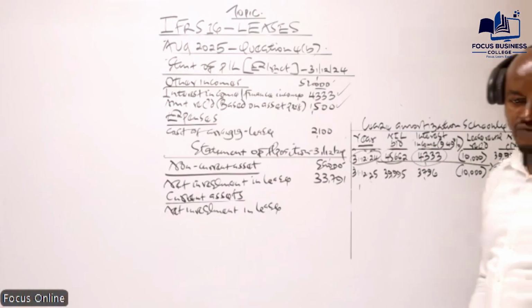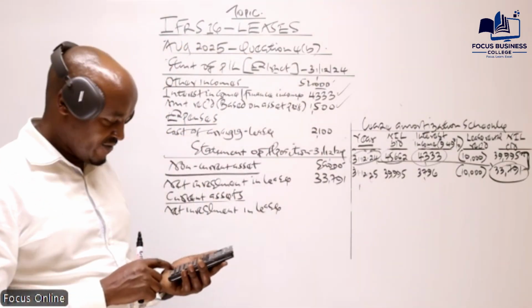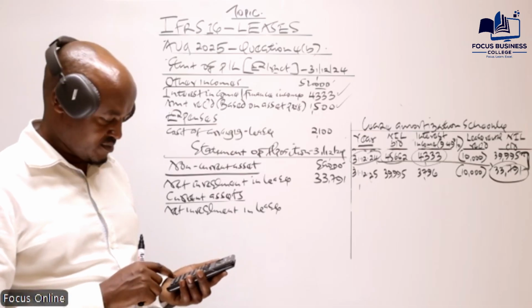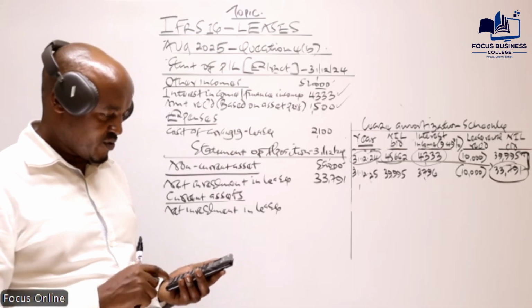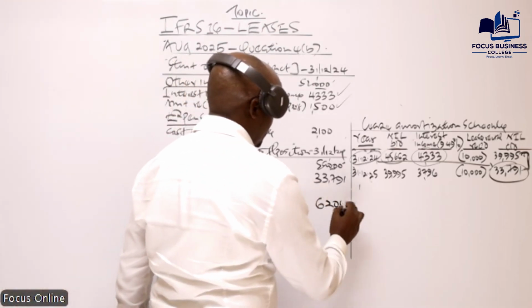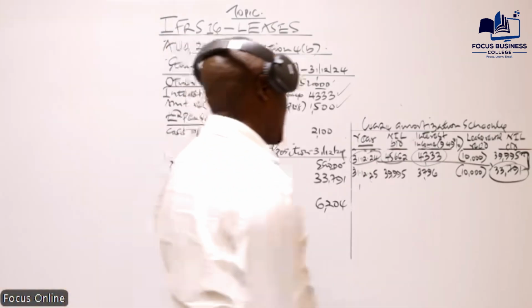What is the difference between those two values there? The difference is 6,204.